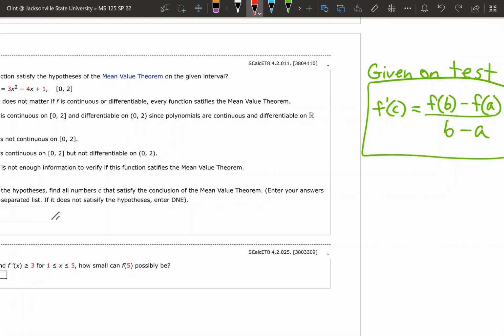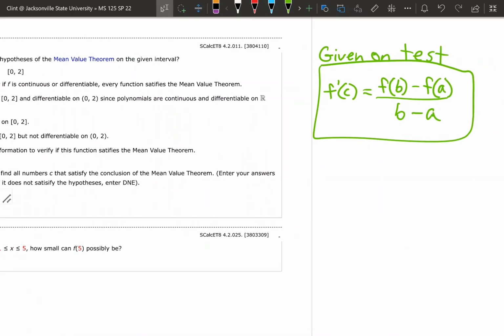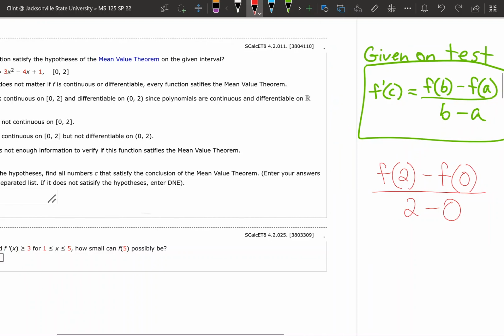So to fill in this thing, we need to figure out f of b minus f of a over b minus a. So we want f of 2 minus f of 0 over 2 minus 0. Okay.